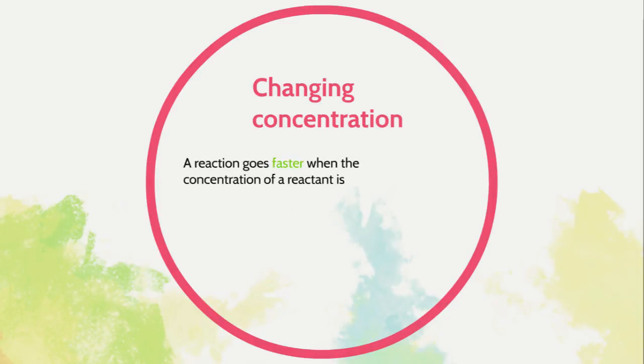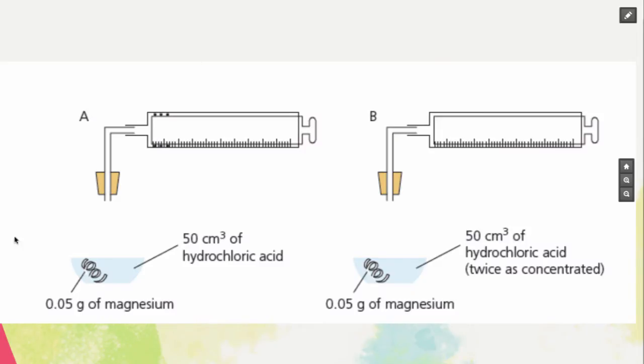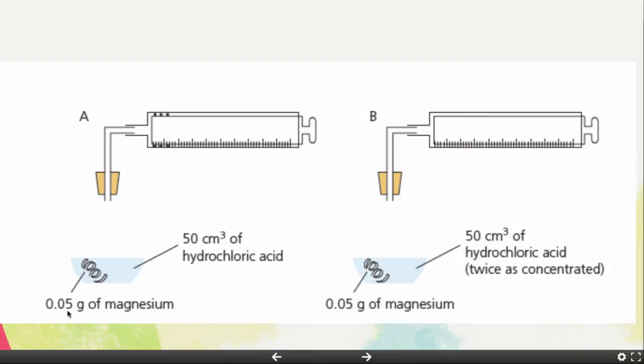A reaction can go faster when the concentration of a reactant is increased, right? In experiment A, I'm putting 0.05 grams of magnesium, and I'm putting 50 cubic centimeters of hydrochloric acid.